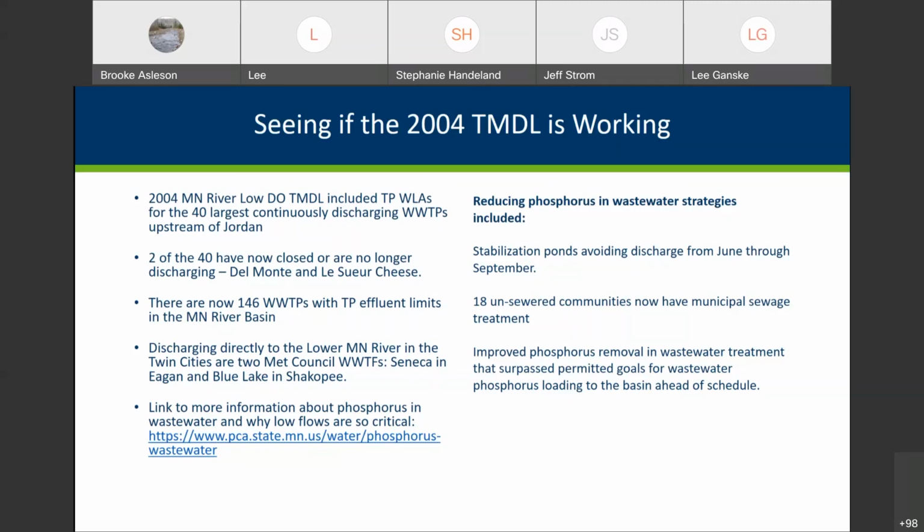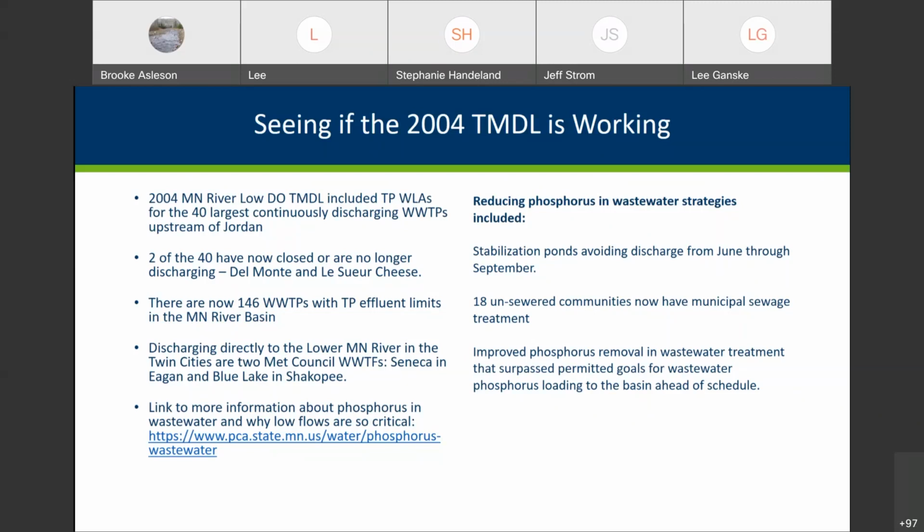And then there's the 2 Met Council wastewater treatment facilities that are discharging directly into this lower 22-mile section that we're looking at. There's some more information that was provided in that press release at the link in this presentation. Also identified in there were reducing phosphorus and wastewater strategies, and those included stabilization ponds, not discharging during those summer months when you could experience low flow and warmer water temperatures.